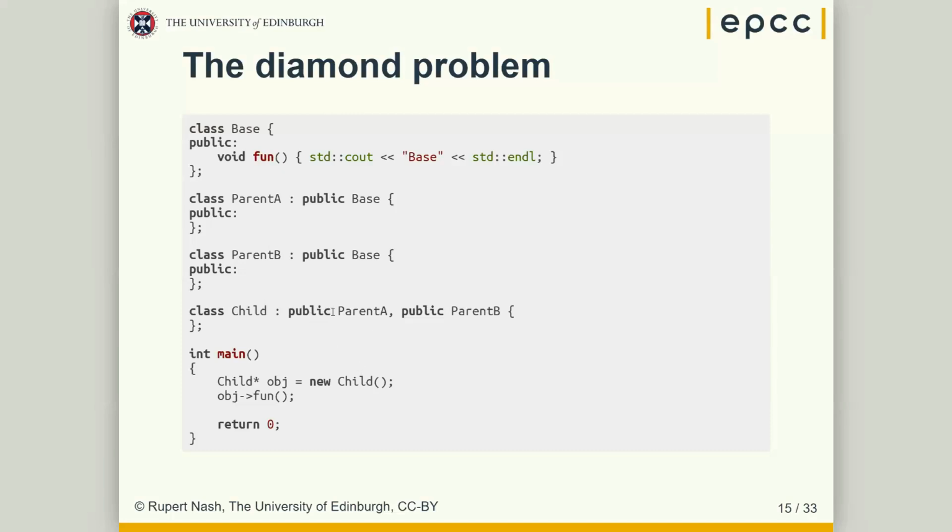Child then inherits from parent A and parent B. In the main function that we call, now I've changed it slightly, I have a new child object, and I'm going to call function. What do people think will happen?